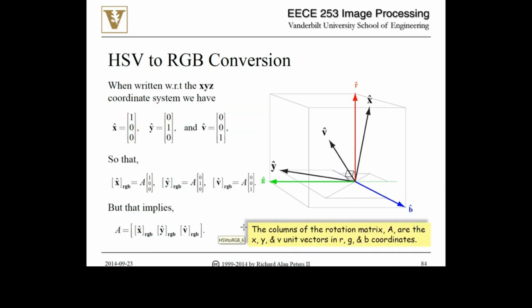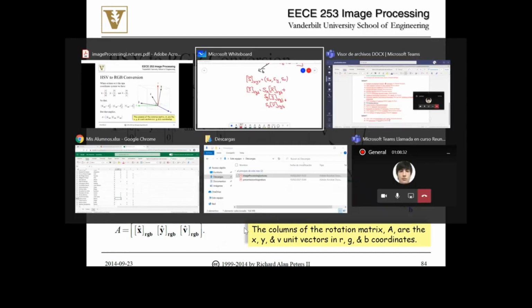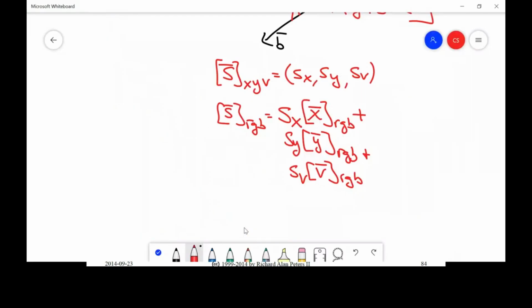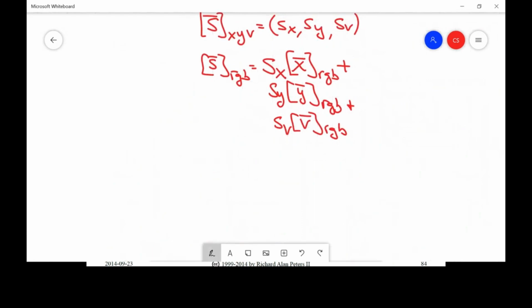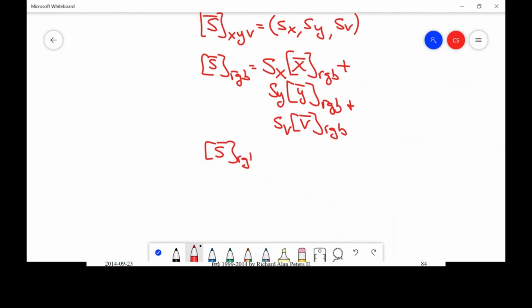Okay, good. And this is simply to say that I can also write this expression in matrix form. S in the RGB is equal to some matrix times Sx, Sy, Sv.